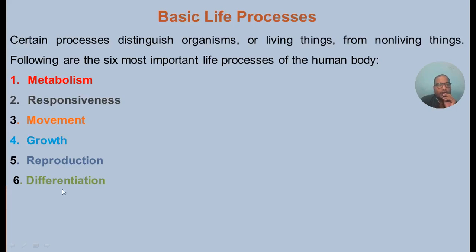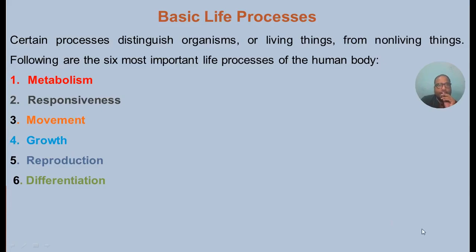So these are six processes which we are going to discuss in the next slides in this video lecture. So these are the basic and distinguishing characters, features of a living organism. A living organism must have all these features, processes going on in their body.